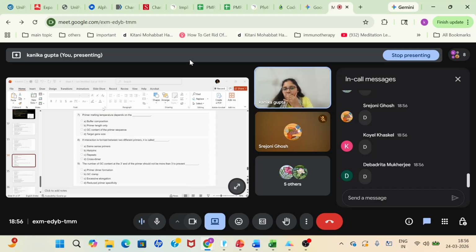Okay, so the number of GC content at the 3 prime end of the primer should not be more than 3 to prevent what? Yes, to prevent the formation of GC clamp. ठीक है? Next question.